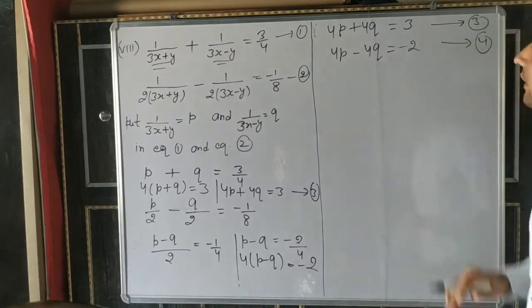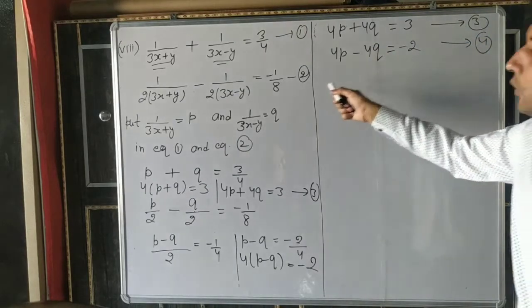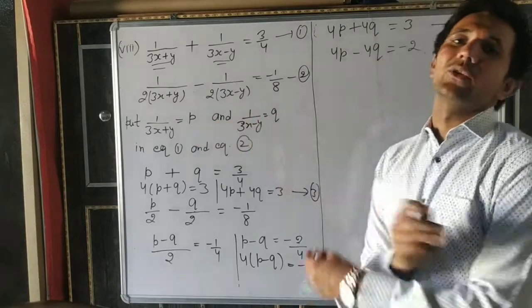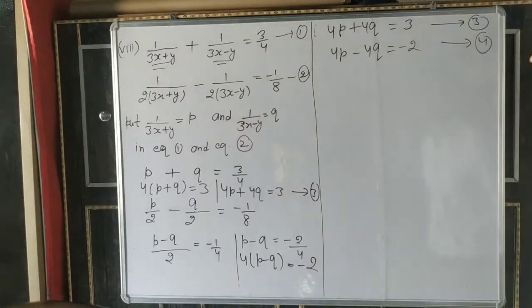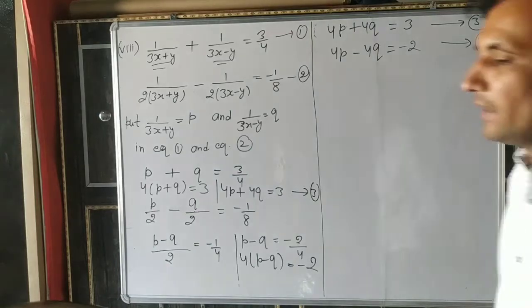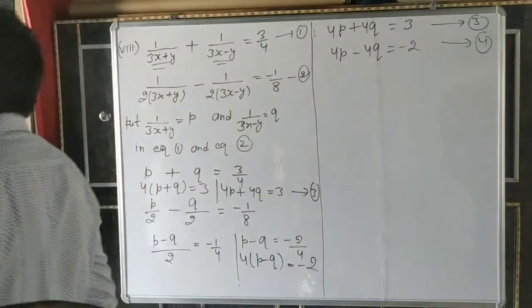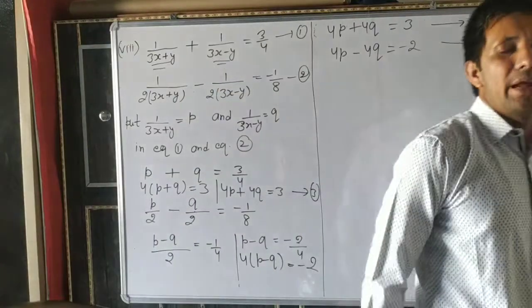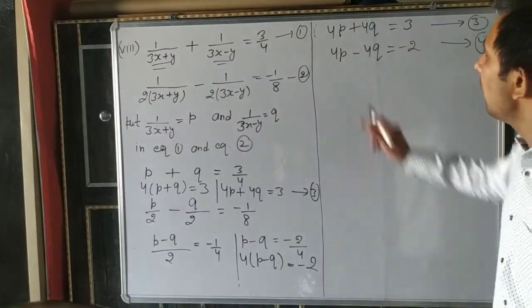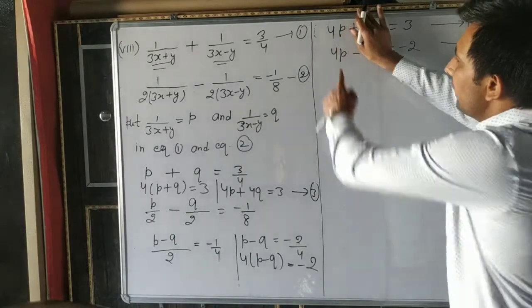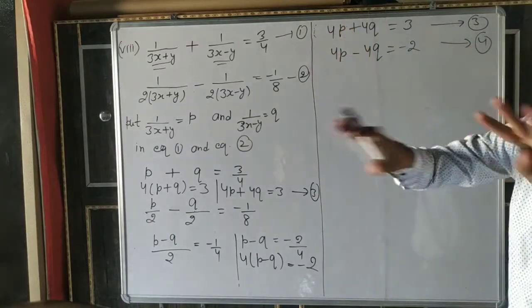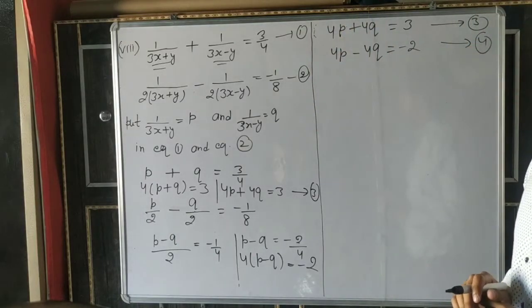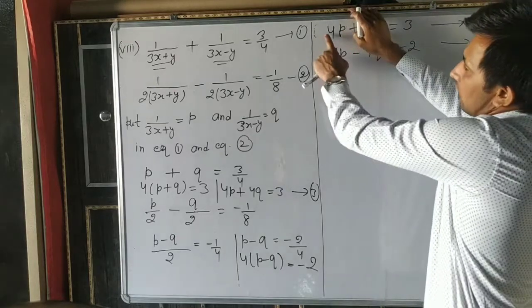Now we will find the values of p and q and put them here. Understand? And now if you want to find the values of p and q, we must make the coefficients equal. The coefficient of p is 4 and 4, so no need to make the coefficients equal, but both are positive.